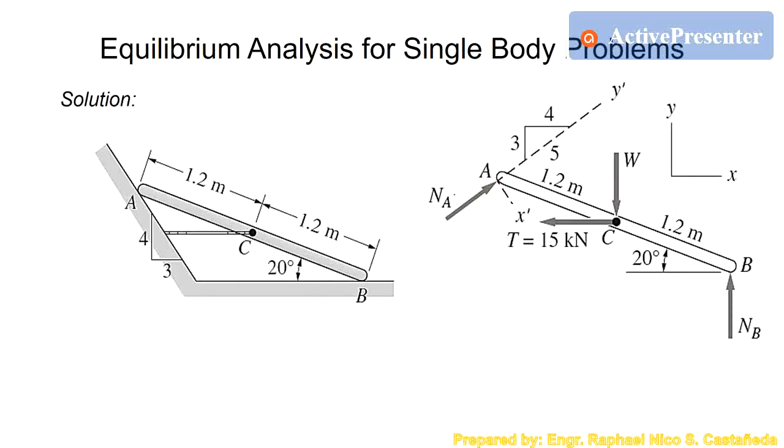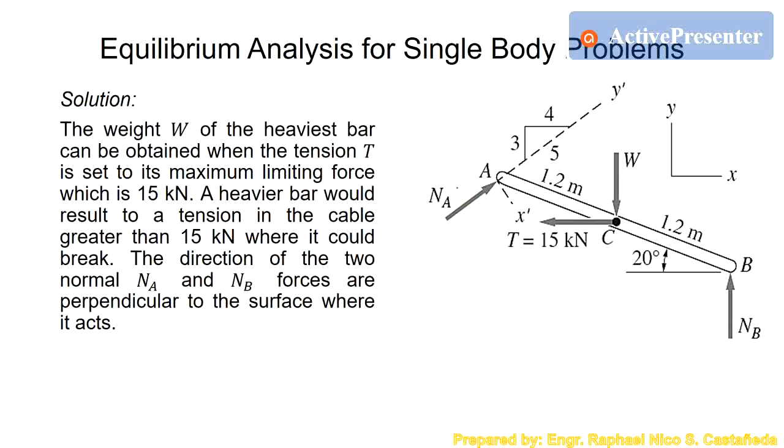So it doesn't mean that we need to solve the other reactions because it is not asked in the problem. If you include that in the solution, it's still okay, but it is easier that you find a way to solve W in the fastest way possible, wherein there's no need to solve for the other reactions. So in this case, we will only solve for NA.